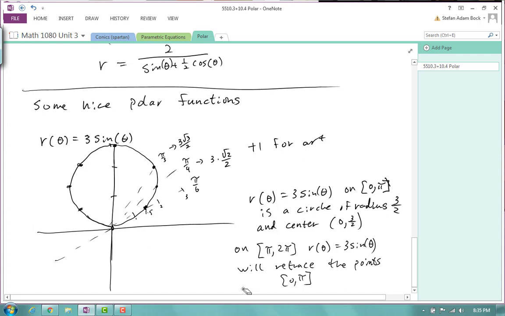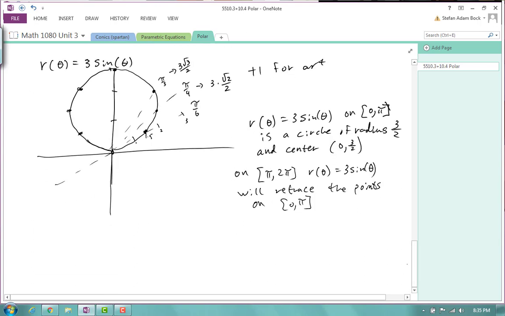So this would be a function which only has a period of pi, even though sine of theta by itself has a period of 2 pi.